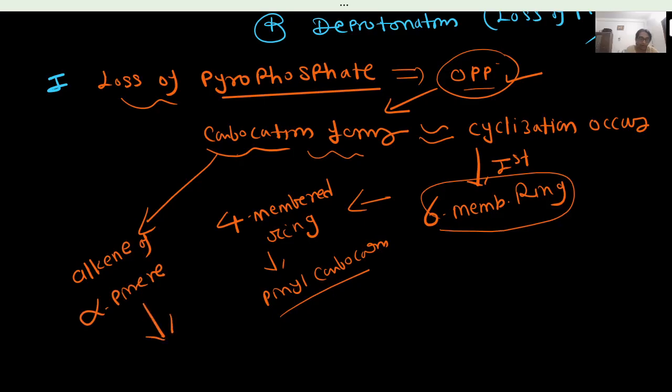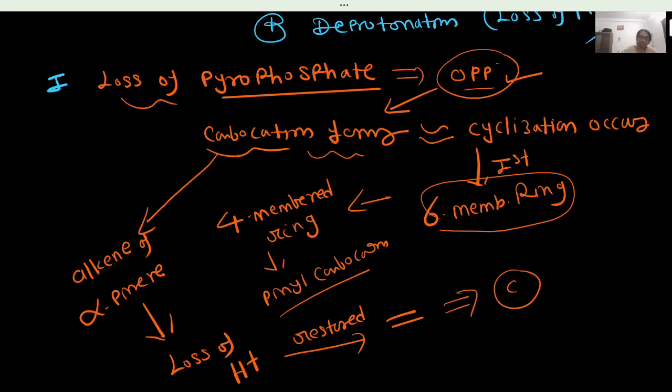The system undergoes loss of H plus ion, which restores the double bond in the ring. The final step is the loss of H plus ion, corresponding to step C. So step A is six-membered ring formation with loss of the OPP leaving group, step B is four-membered ring formation, and the last one is the loss of the H plus ion.